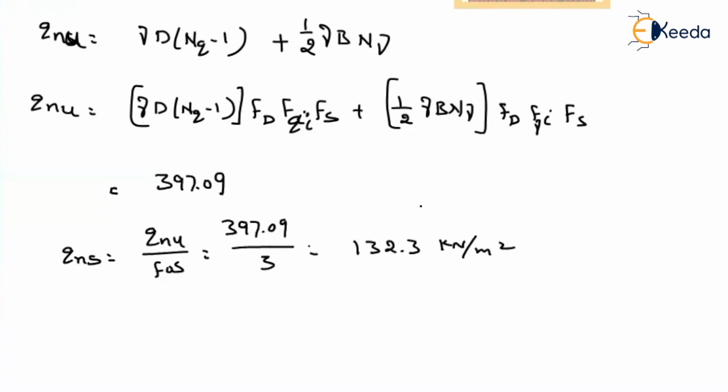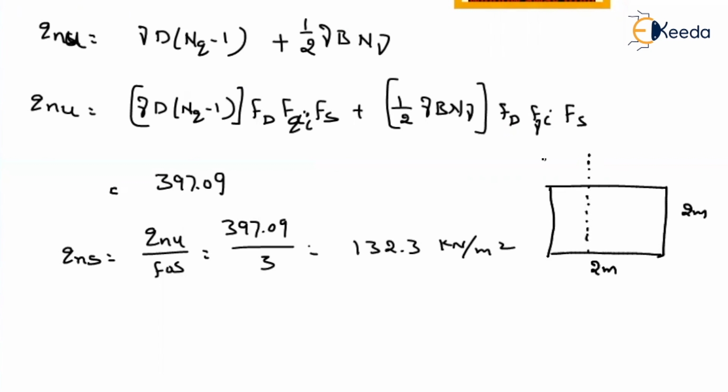Let us see the plan of the footing. On this side how much will it be? 2 meter. On the opposite side? 2 meter. But if you remember, there is an eccentricity. The load is acting at a distance of 0.85. As already discussed, wherever there is an eccentricity, your new width is 2 times of e. So what will be the new width up to which you have to consider the load?